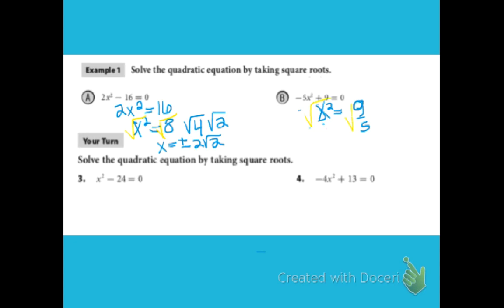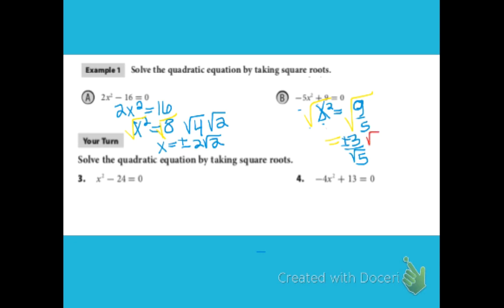And now when I take the square root of both sides, this time when I separate them off and use that quotient rule, I can take the square root of the numerator, and that gives me 3, and of course plus or minus. But then the denominator, I can't do anything with this in terms of simplifying the radical, and I cannot leave that in that form because it has a radical in the denominator.